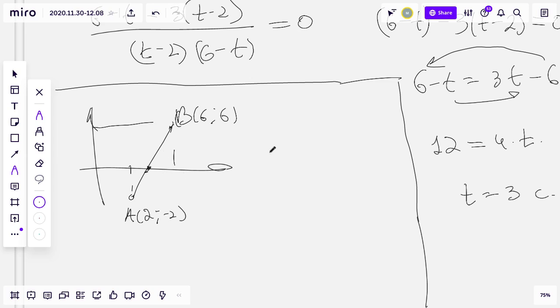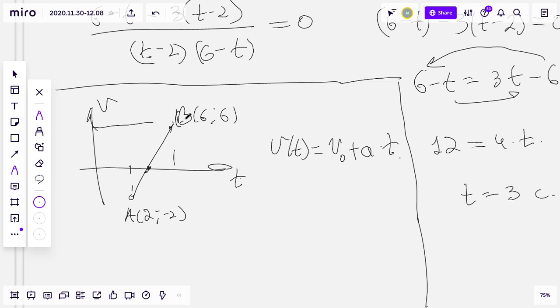As we have a plot which is a line, we know that if the plot is a line, the dependence of v on time is a linear function: v equals v0 plus a multiplied by t.